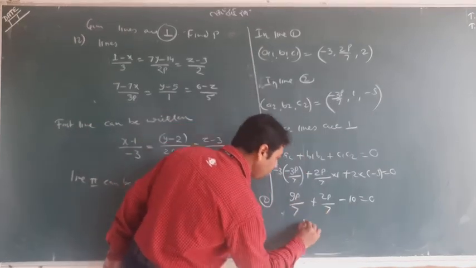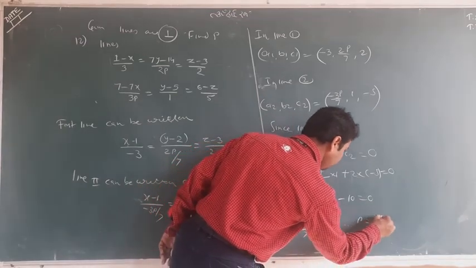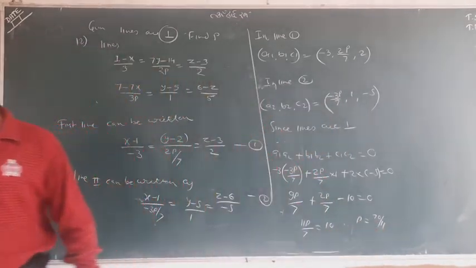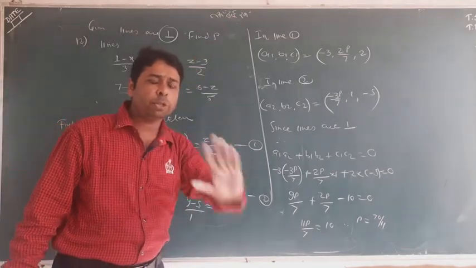So (-3)(-3p/7) + (2p/7)(1) + (2)(-5) = 0. Now multiply: 9p/7 + 2p/7 - 10 = 0. So 11p/7 = 10, so p = 70/11. That is the value of p you have got. So for this particular p, the lines are perpendicular. This was a very important question.